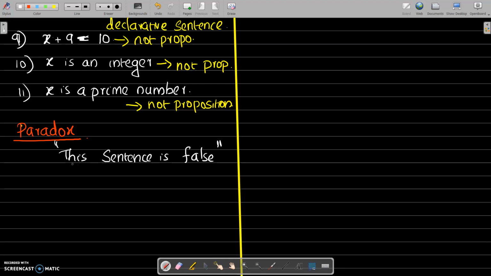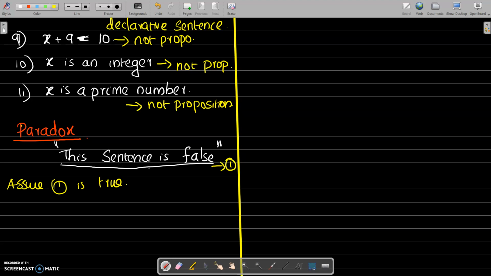First, assume that this sentence is true. Assume this is equation number 1, and 1 is true. When we say it is true, what does this sentence say?